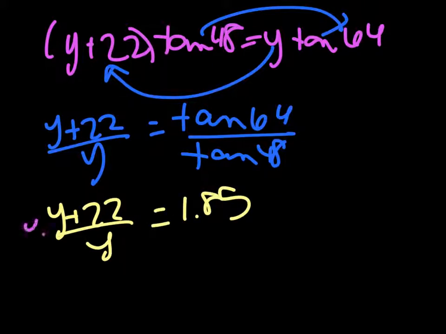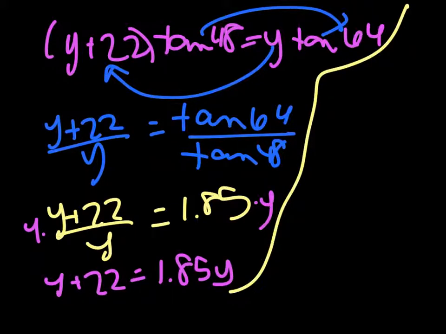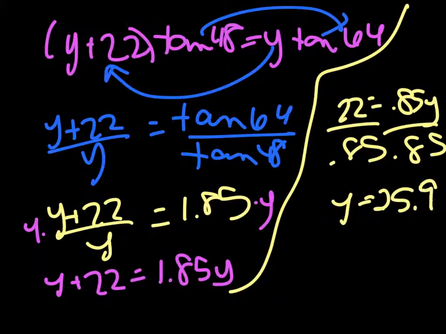If we multiply both sides by y, we end up with y plus 22 is 1.85y, which makes 22 equal 0.85y. And when you divide by 0.85, you get y equals 25.9.